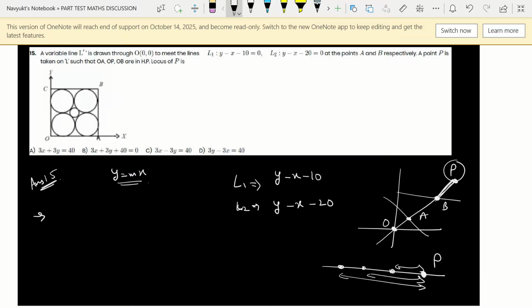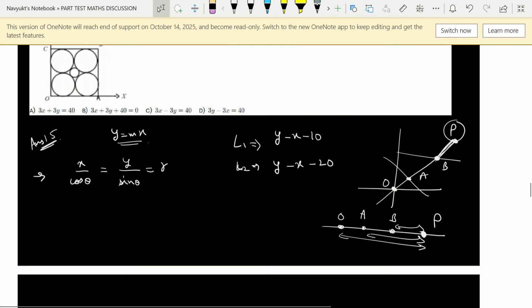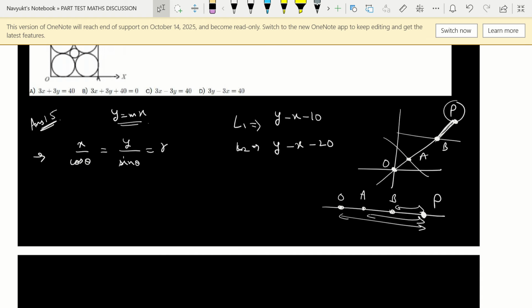So let's write the equation of a line in the symmetric form. x by cos theta equals y by sin theta equals r. So r is that variable distance. If I take P to B, it will give me that r distance. If I take P to A, it will give that, and so on for O. So we'll have some relation between all three distances.